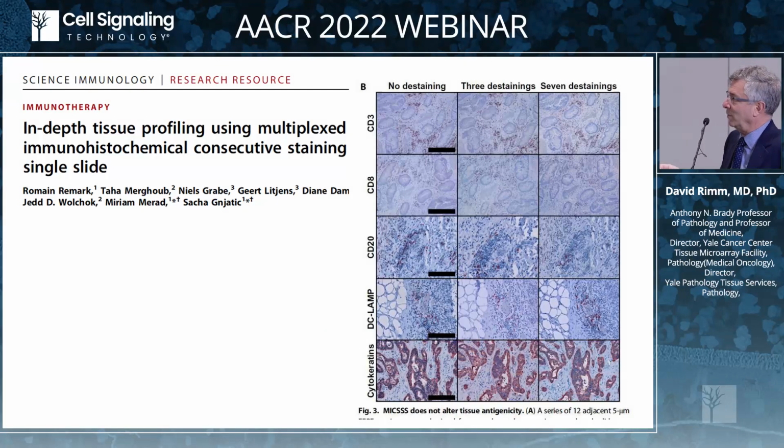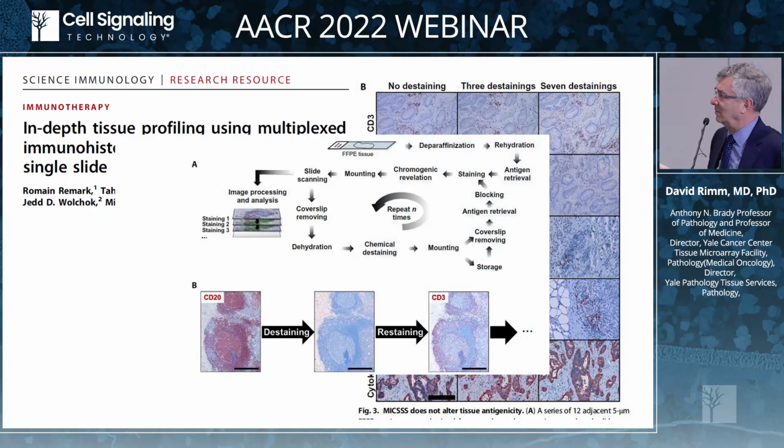This is a really cool one that Sonia Nodick invented at Mount Sinai. And the idea here is that you go through and you do antigen retrieval and block and stain, and then you look at the chromogen, you take a picture of it, and then you wash the chromogen out, essentially. By chemical destaining, you can actually get rid of the chromogen, and then you can do it again and again and again.